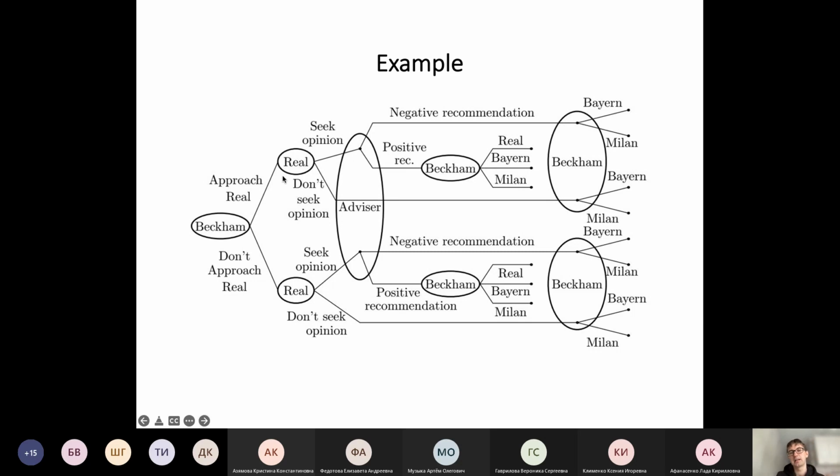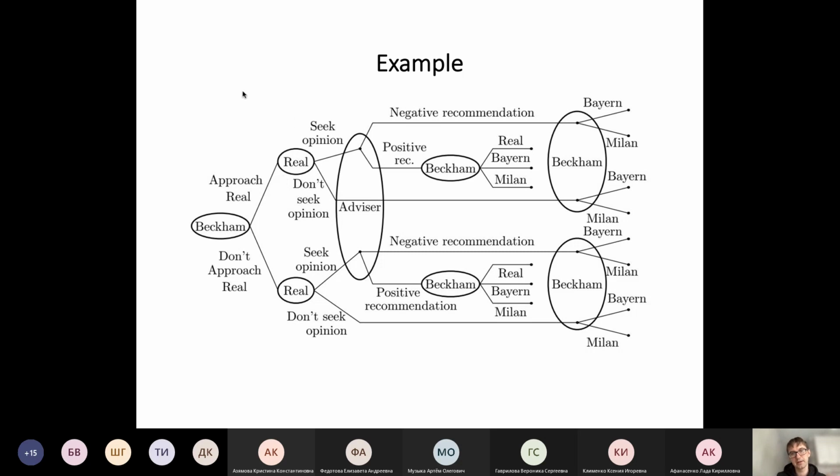So what about Real? How many elements does Real's strategy have? What do you think?